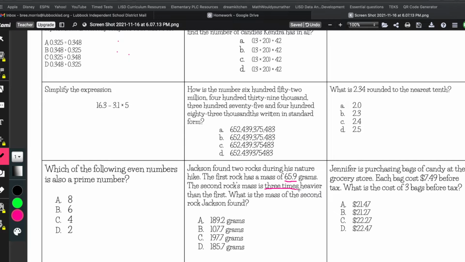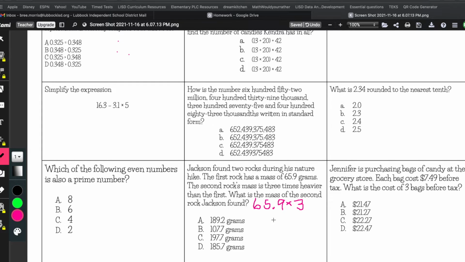It tells you right there what to do. We're going to multiply. We are practicing this at school right now. We're multiplying our decimals. So the equation is 65 and 9/10 times 3.